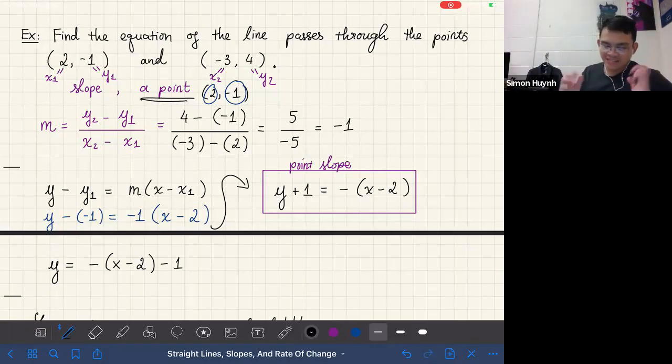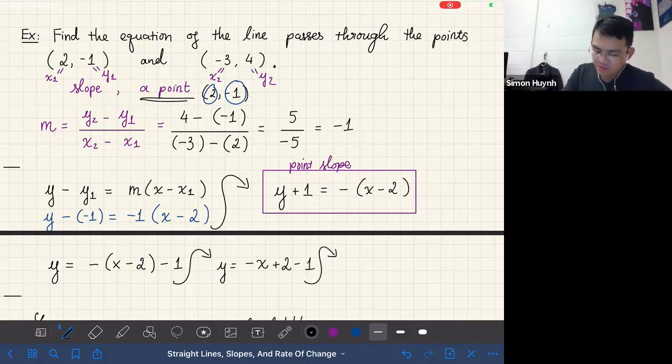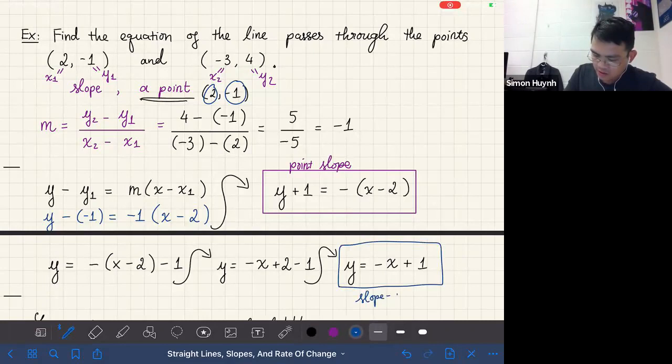And then I can expand it out and write that y equals negative x plus 2 minus 1. Cleaning this up a little bit, I get that y is equal to negative x plus positive 1. And so this is the slope intercept form of the same linear equation.